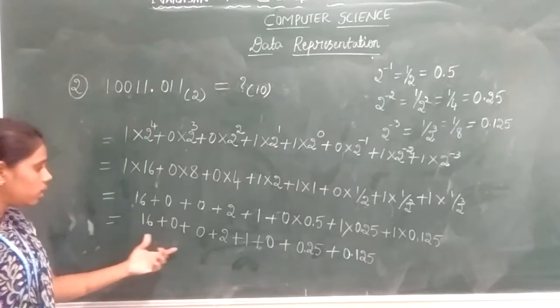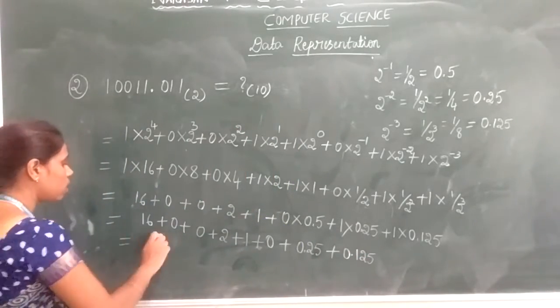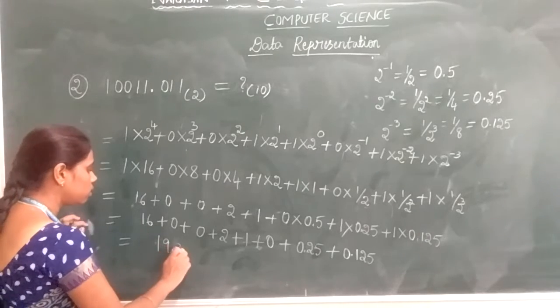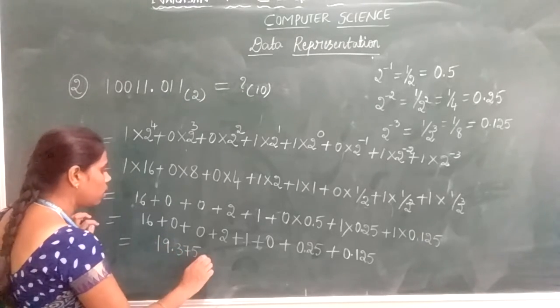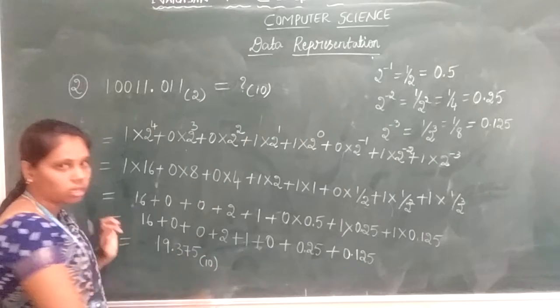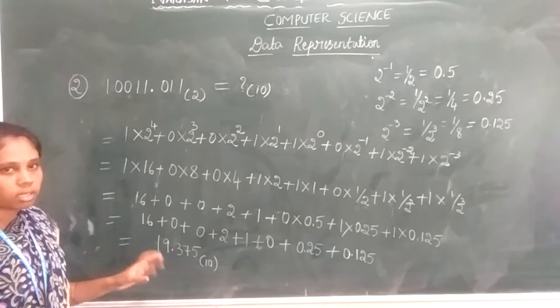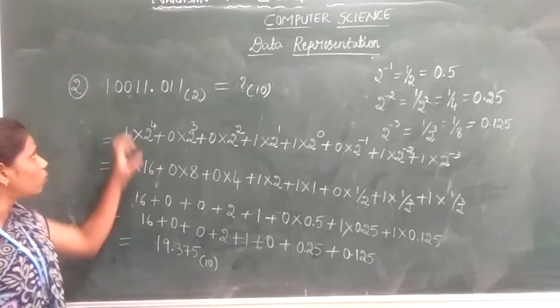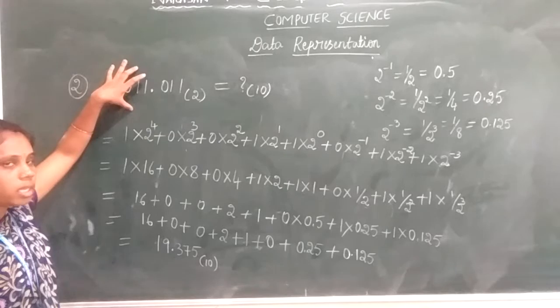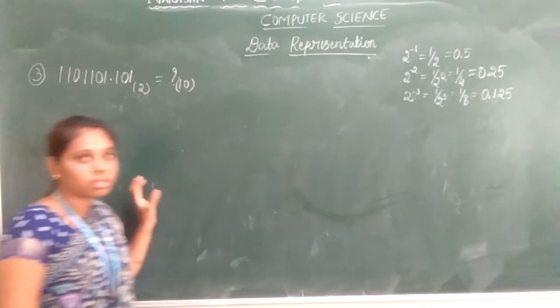Now add all these terms, you will get the value as 19.375. The base is 10. This is the decimal equivalent value for the given digits. Next we will see one more example.